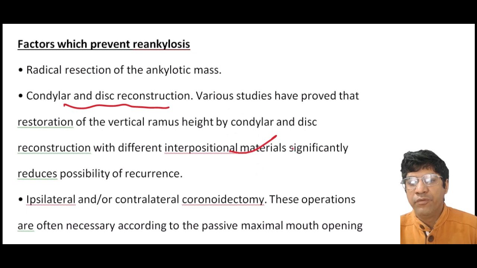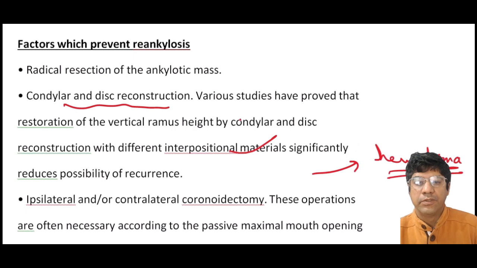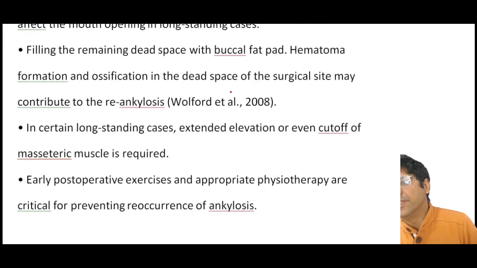Another step is, after removing the ankylotic mass, it is important to fill the remaining space around the joint with tissue using a buccal fat pad. That is a tissue found in the cheek area. So that prevents the hematoma and prevents heterotopic bone formation, which can even lead to re-ankylosis.